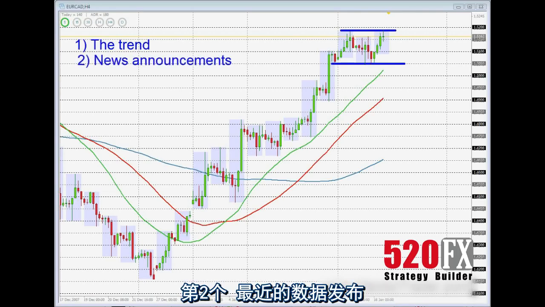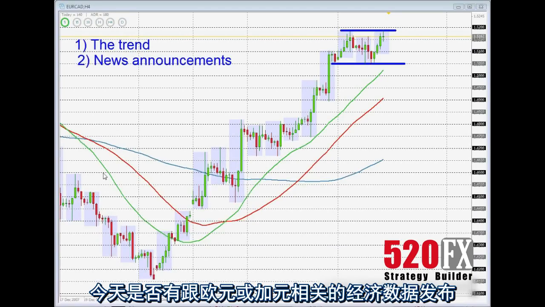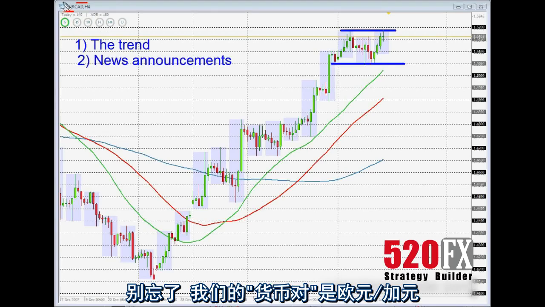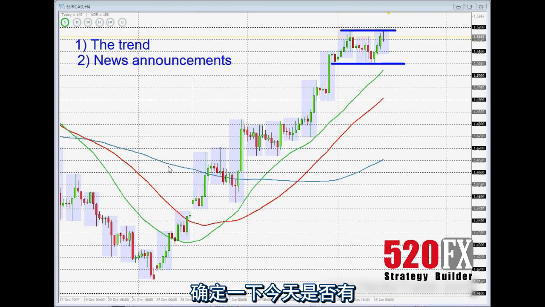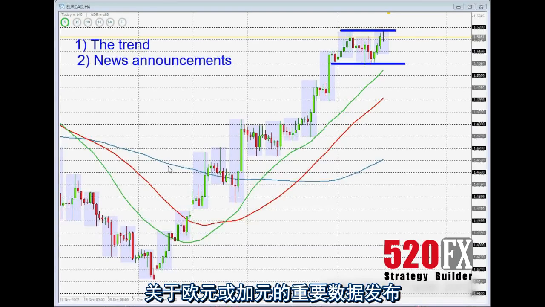Second element: is there any news announcement coming out today? Any news announcement involving the euro or the Canadian dollar? Remember that we are looking to trade the euro against the Canadian dollar. I want to have a look at my economic calendar and see whether there is any important, significant news coming from either Europe or Canada.